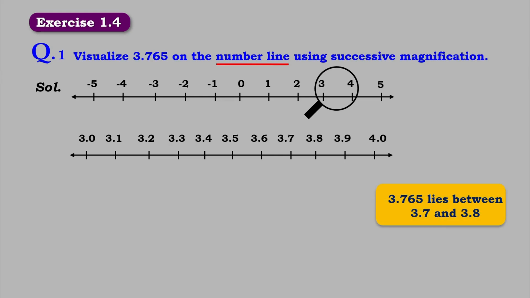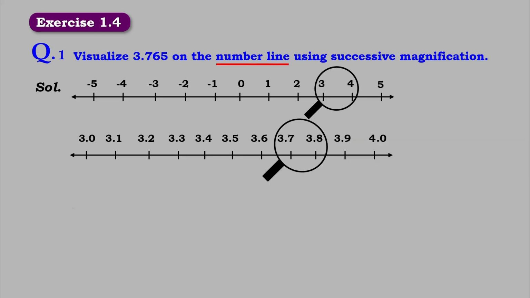Now we know that 3.765 lies between 3.7 and 3.8. So we will magnify this part again and make 10 equal divisions.